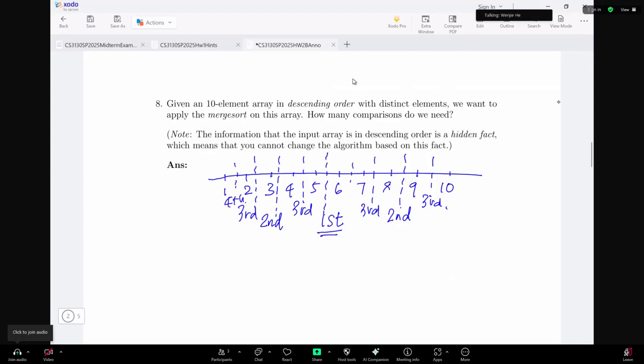So you split all the way to singletons. All subfiles are singleton.